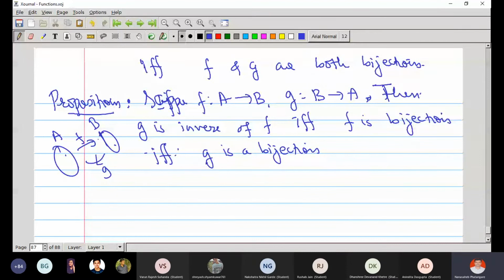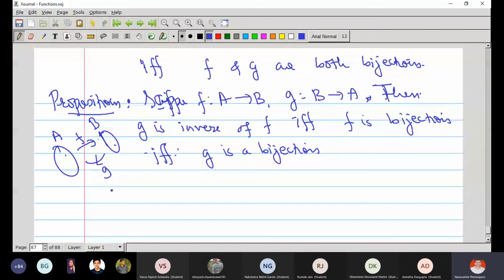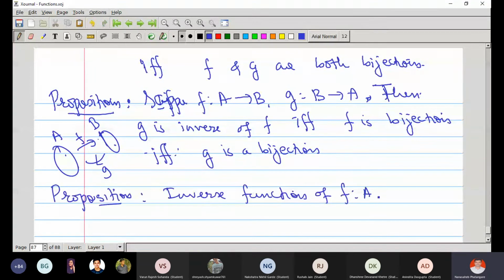And therefore I can look at it in an alternative way: the inverse function of f from A to B. When is it possible to find an inverse function?